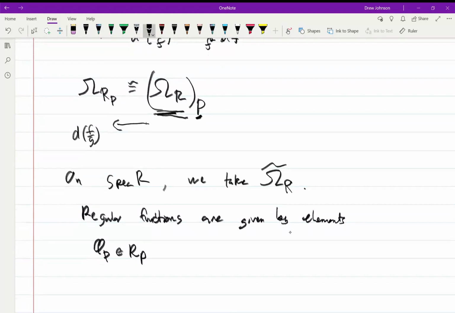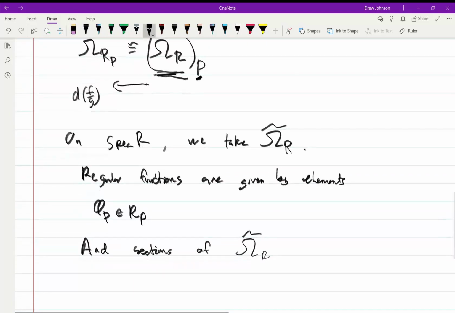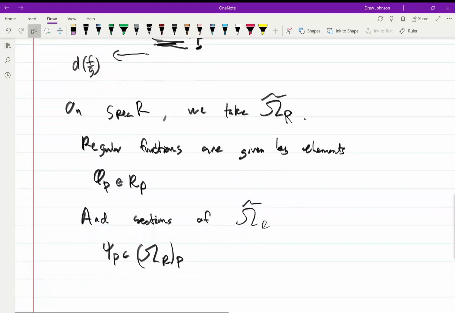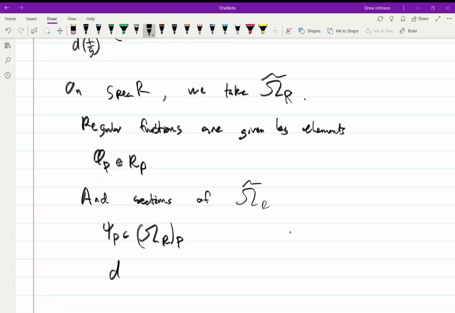And okay, let me write this. And sections of omega R tilde are given by psi_P in omega R localized at P. So we have a differential map, right? d, which just takes phi_P maps to d phi_P, right?